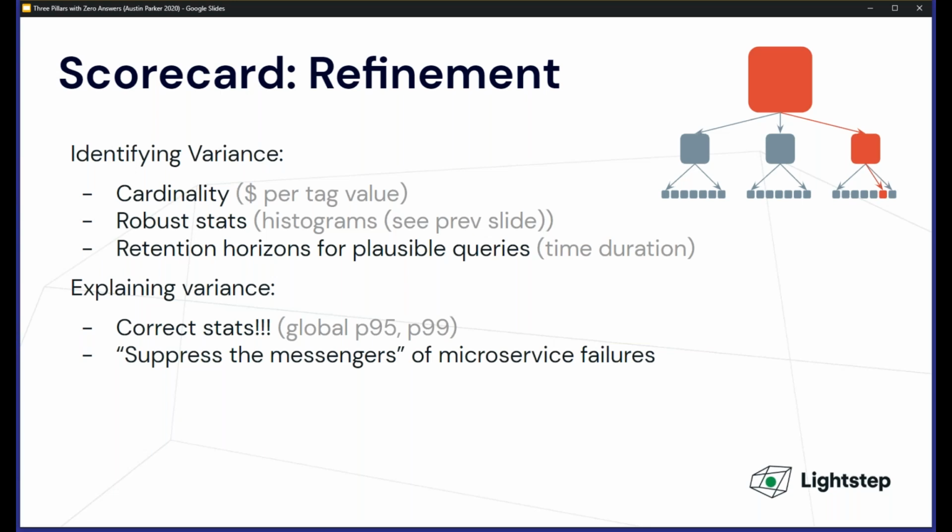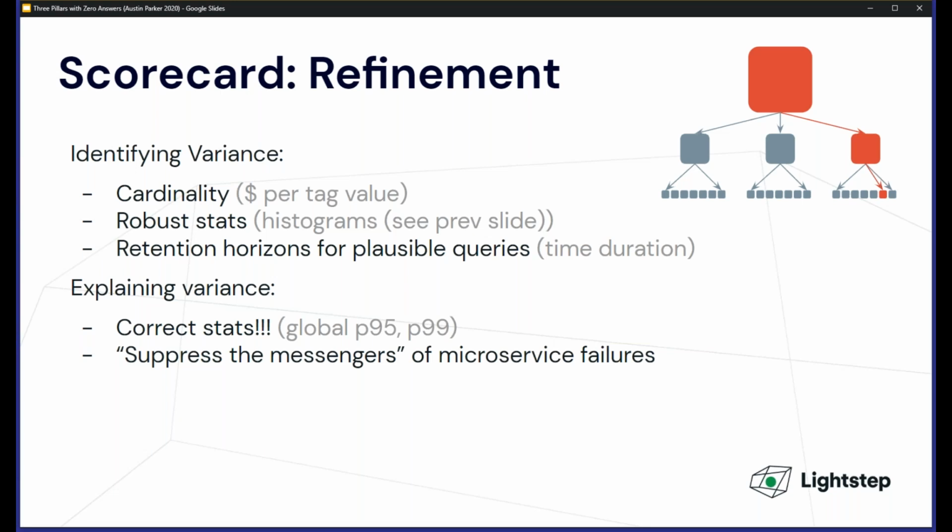So a lot of times people will get woken up or paged because there's an error or latency issue somewhere down the stack, but we shouldn't waste a lot of time on intermediate messengers of that failure, right? If A, B, and C all have different service teams, do we want A, B, and C to all get alerted equally? Maybe not.